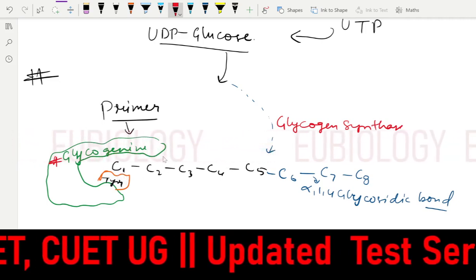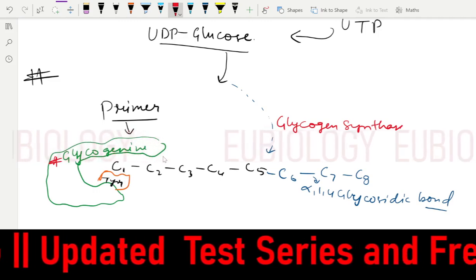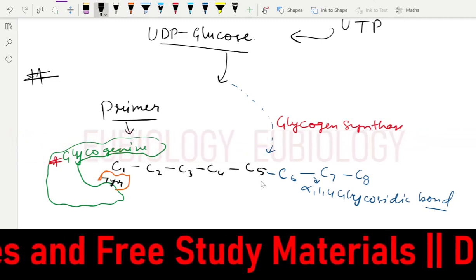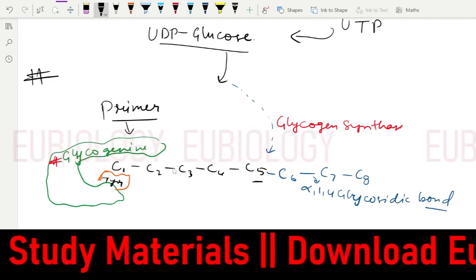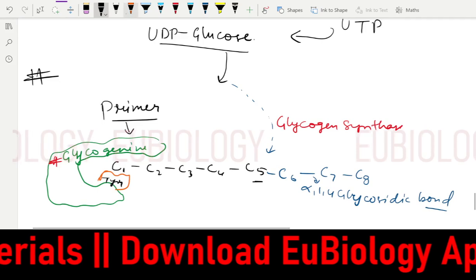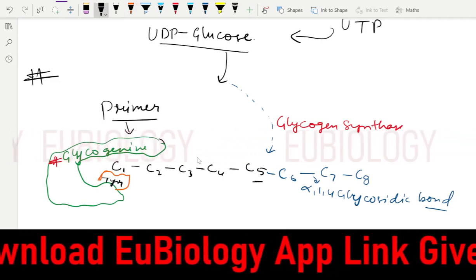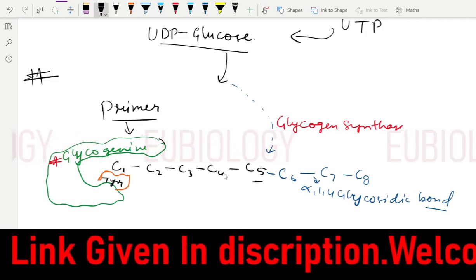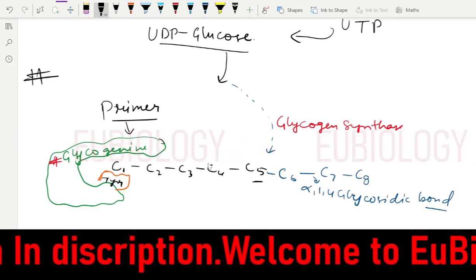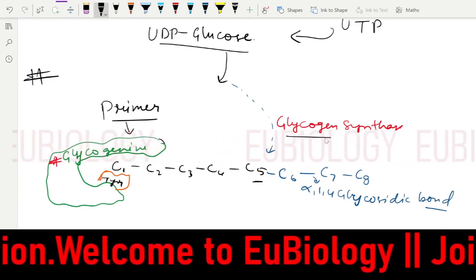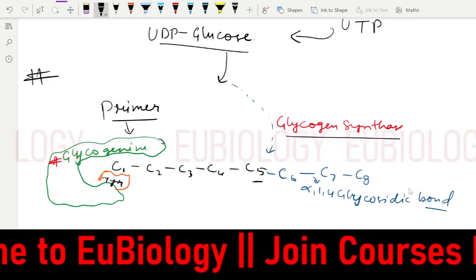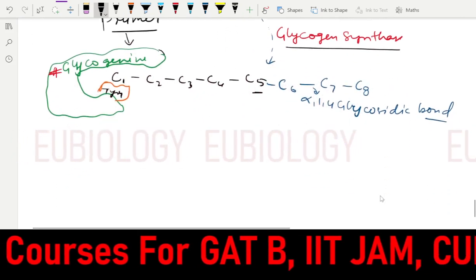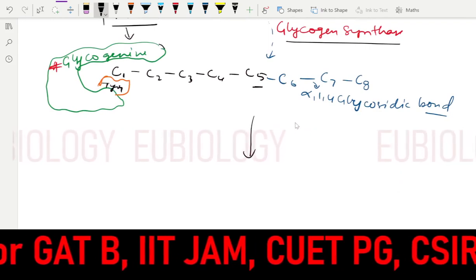It is polymerizing the glucose chain up to 4 to 5 residues. How it polymerizes, we would have to go very deep to know, but for now it is enough. Up to an oligomer of 4 to 5 glucose units, glycogenin polymerizes. Later on, glycogen synthase will start polymerizing the chain. This is the alpha 1,4 glycosidic bond, which means it is forming amylose. So this is a chain only.